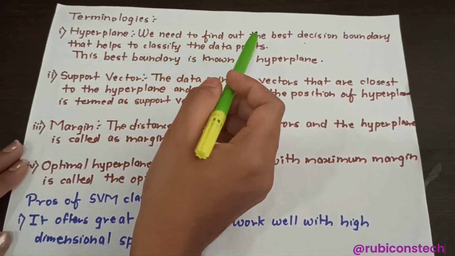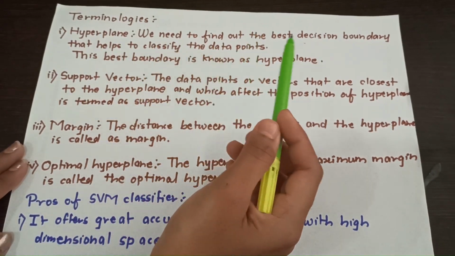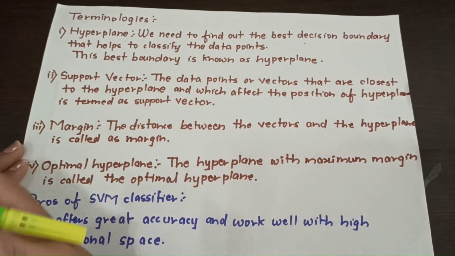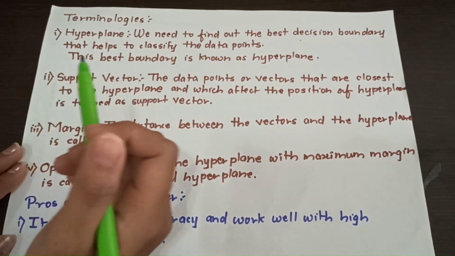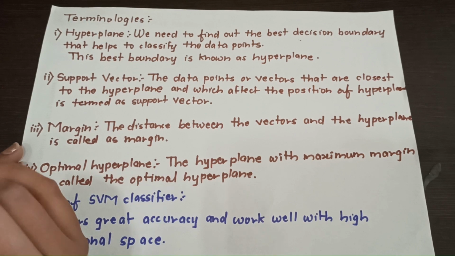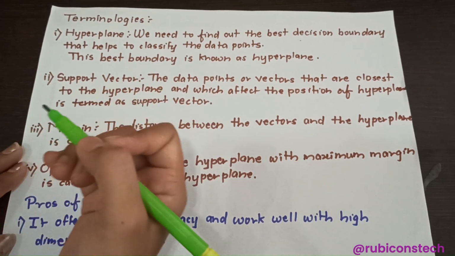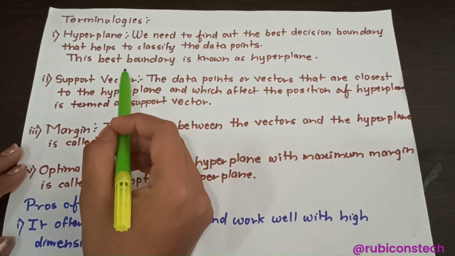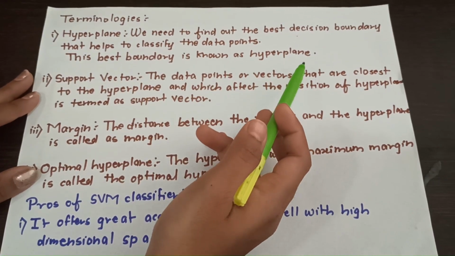We need to find the best decision boundary that helps to classify the data points. There can be multiple lines to segregate this n-dimensional space, but we need to find the best line, and this best decision boundary is known as your hyperplane.